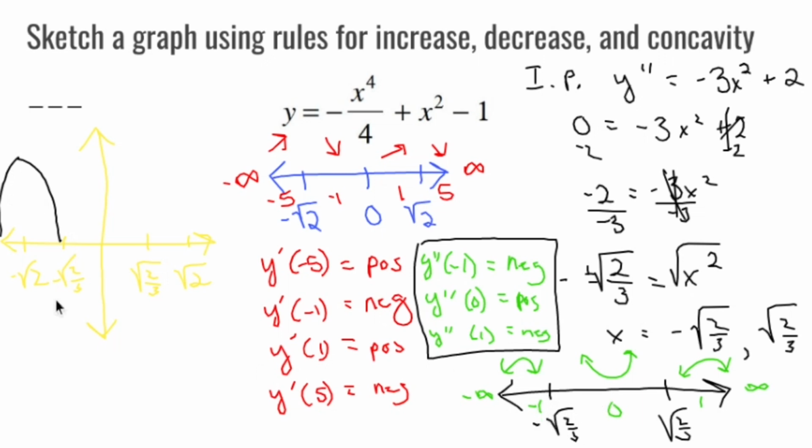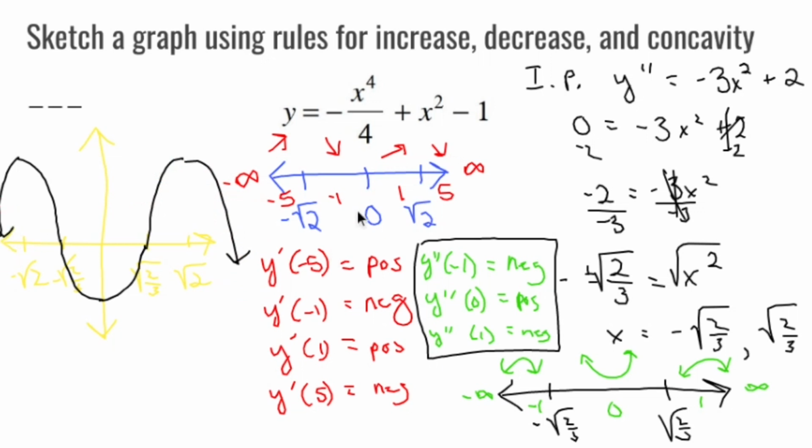But once I hit -√(2/3), I start concave upping until I hit 0. Once I hit 0, my decrease becomes an increase and continues that trend until I hit the positive square root of 2/3, where I become concave down again. Once I hit the square root of 2, my increase becomes a decrease, and so I get some kind of weird thing that looks like that.